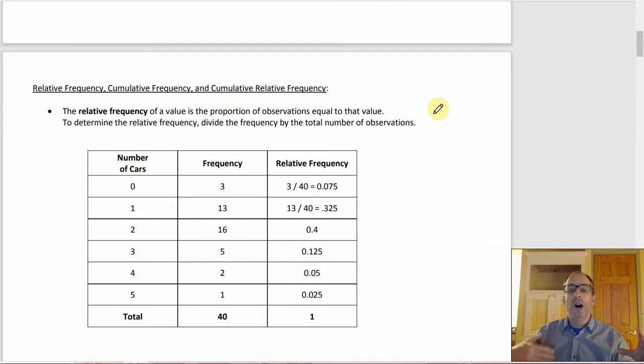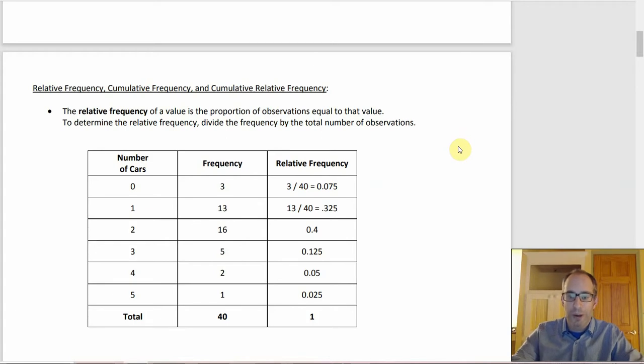So it's like, of all the values in the data set, what proportion were 0, or what proportion were 1, or what proportion were 2, that kind of thing. In order to get the relative frequency, you can just take the frequency and divide by the total number of observations. That'll switch it from being a count to a proportion. That's really all you have to do. And that's all I did here. And that's why, for these first 2, I have it written out where it's the fraction first.